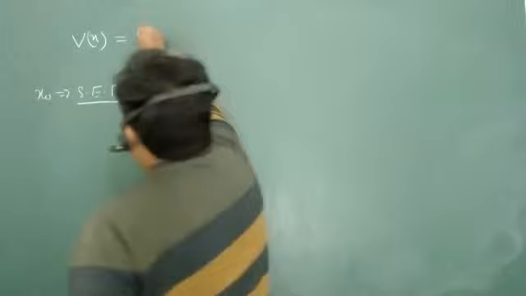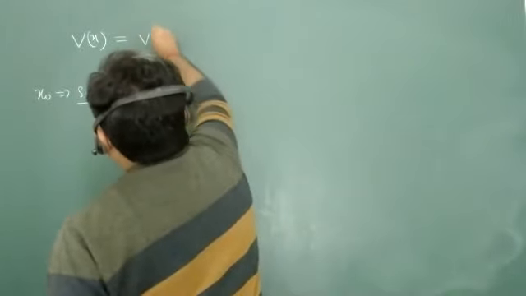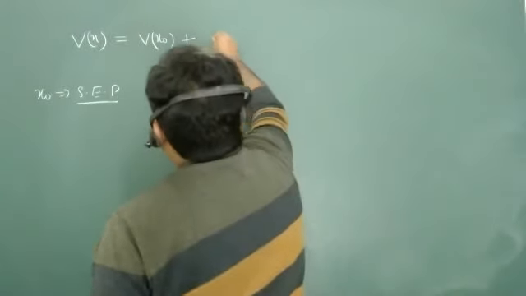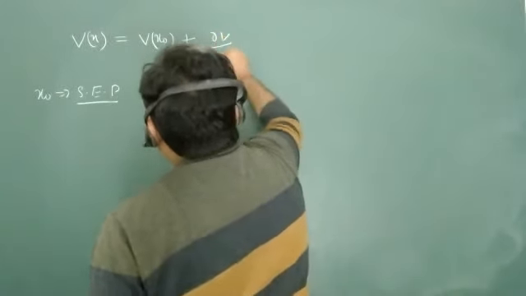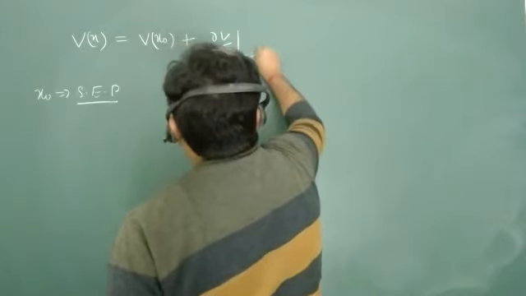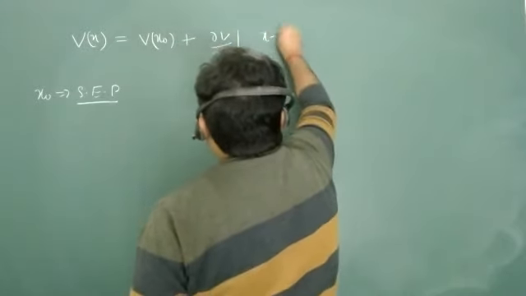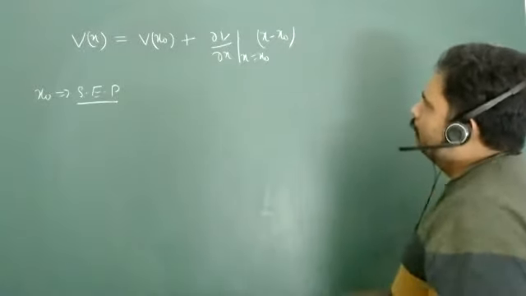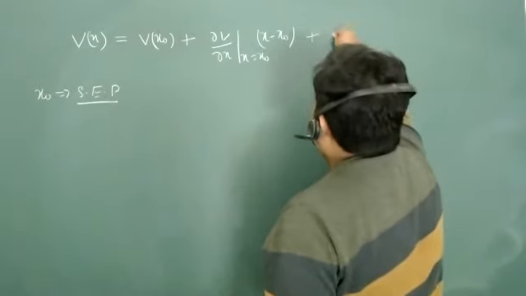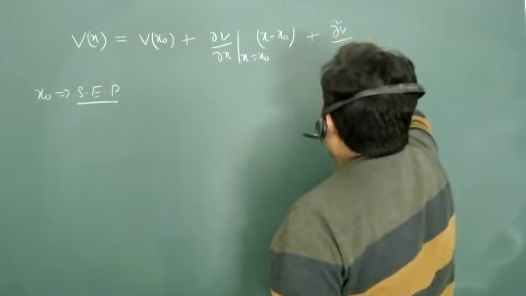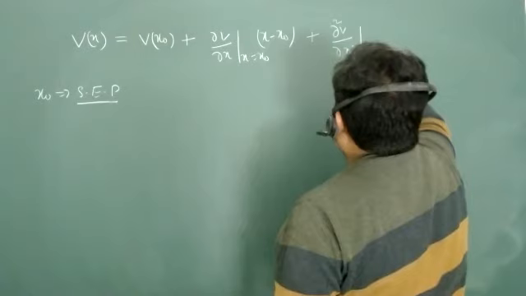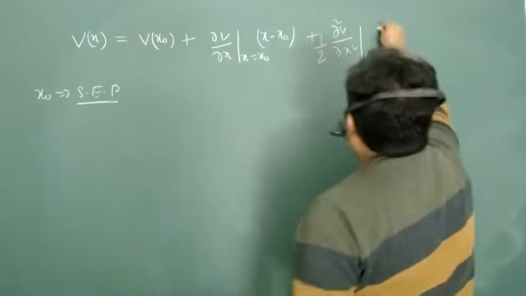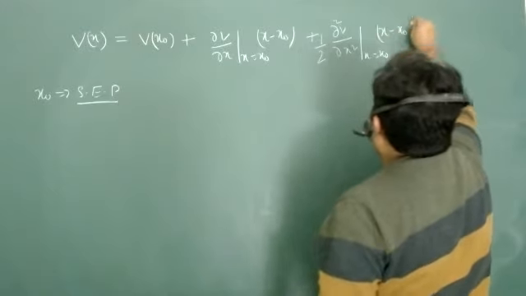So what will be this value? V(x naught) is the first one. The second one is del V upon del x at x equal to x naught, times x minus x naught. I think everybody knows this Taylor expansion. And this will be del square V upon del x square at x equal to x naught, and a half will also be there, times x minus x naught whole square.